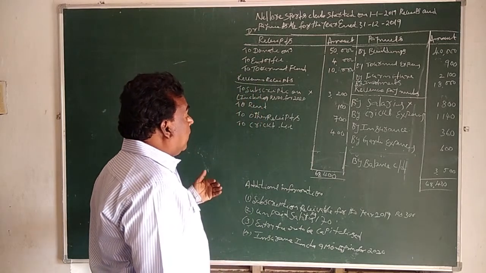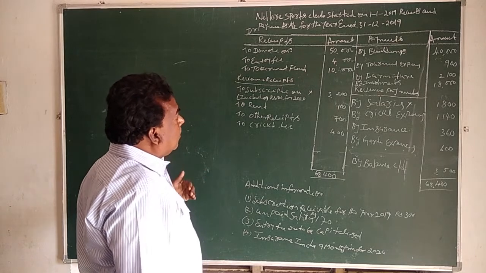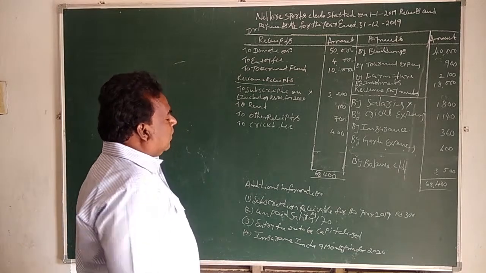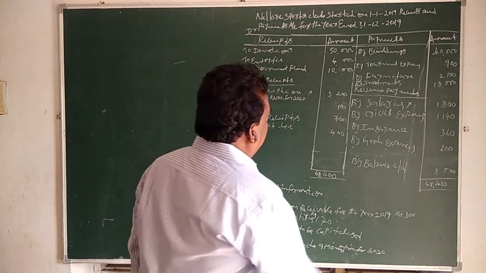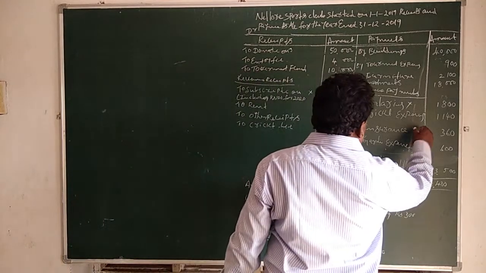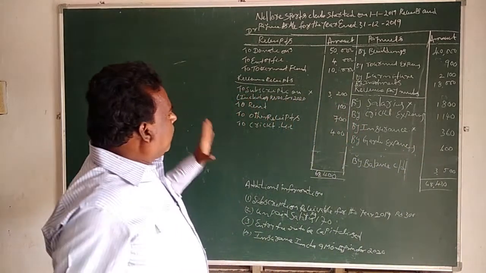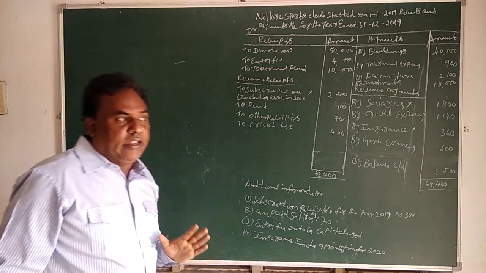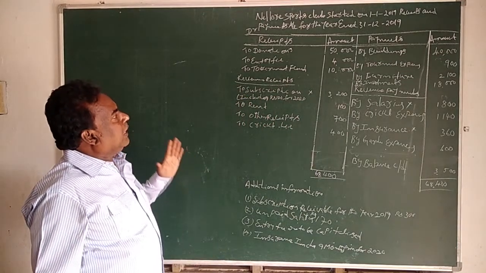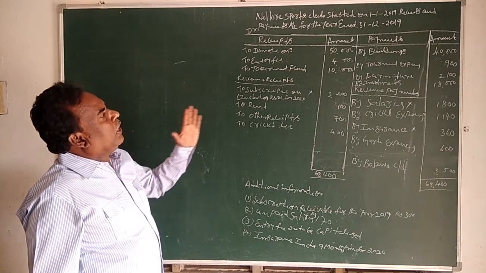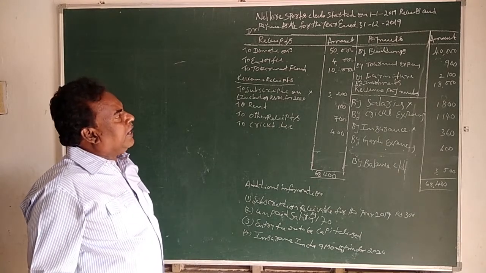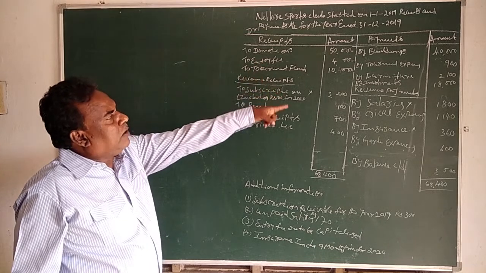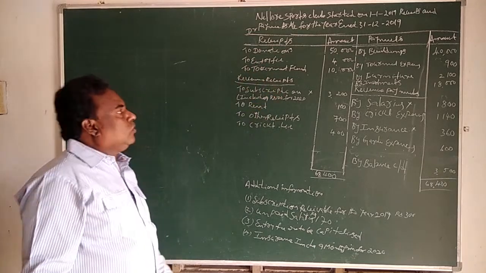Only 3 months premium is for 2019, so insurance is an adjustment. So, from the following particulars of the receipts and payments account, we must prepare the income and expenditure account of Nellore Sports Club for the year ended 31st December 2019.